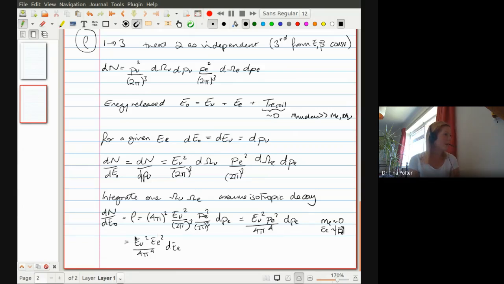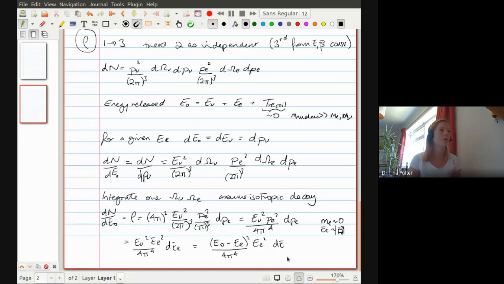And we can replace this energy of the neutrino by the difference between the energy released and the electron energy, so (E0 minus E_e) squared over 4 pi to the 4, times E_e squared dE. And so this is the beginning of Sargent's rule.